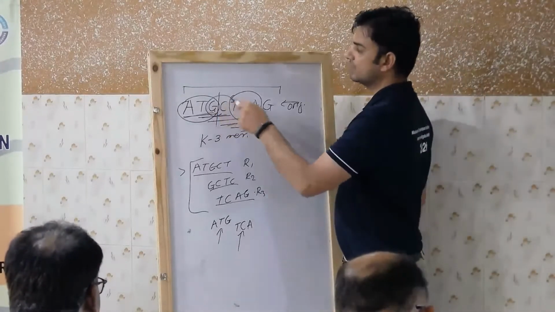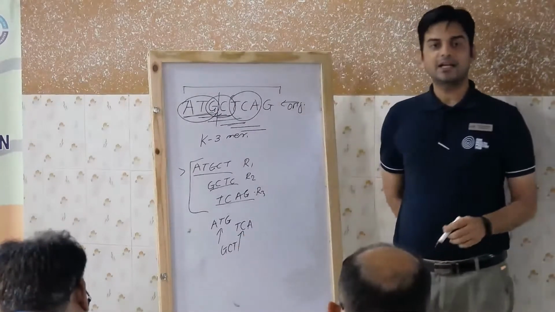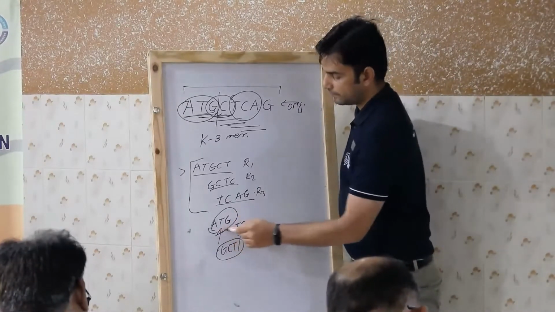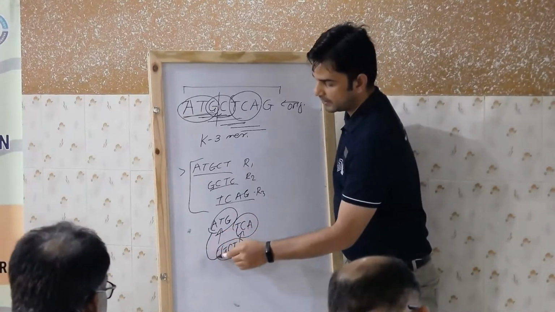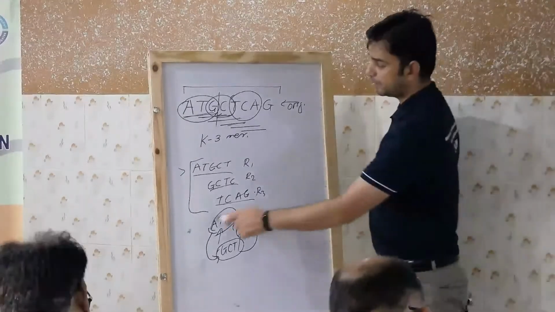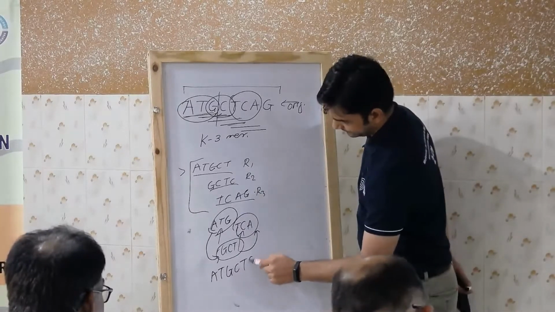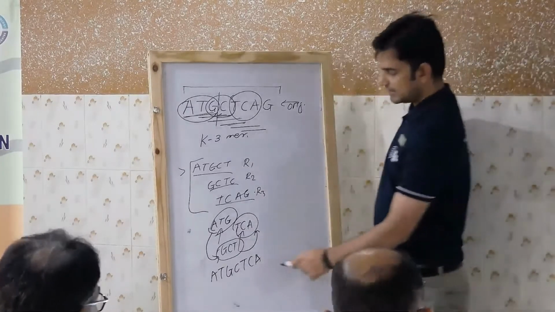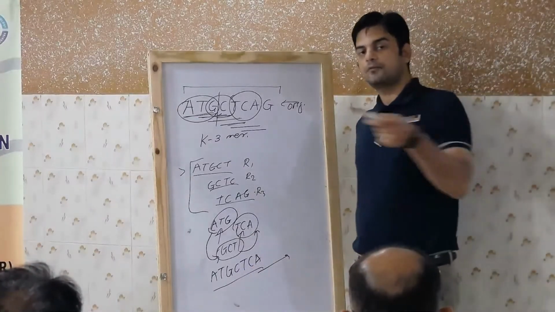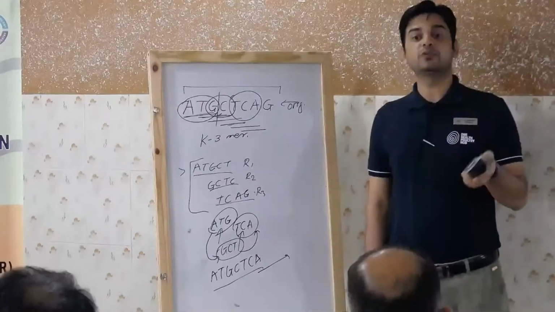But when it gets the GCT, it will make sense that the software now has it. So it will go from here to here, then here to here. And with the help of these three k-mers, ATG, GCT, TCA, this is how your reads are arranged in this fashion in order to get the full length of your stretch, depending on the number of k-mers they are utilizing.